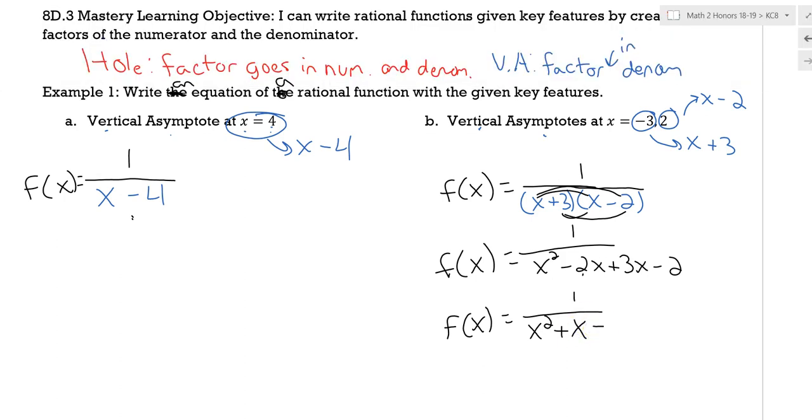I can't do math today. 3 times negative 2 is negative 6, so this is minus 6. Sorry about that. Okay, so f of x equals 1 over x squared plus x minus 6. So our final answer. We like to write it in our nice standard form instead of factored form.